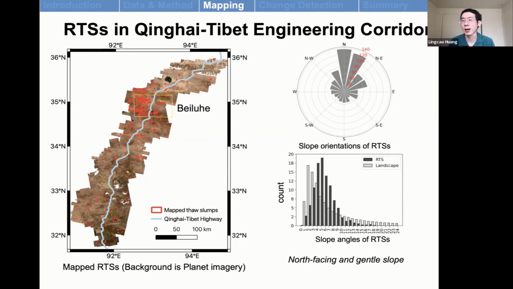This layer in Tibet usually may have more ground ice, and because it is closer to the surface, it is more vulnerable to high air temperature and precipitation. In this way, it has more possibility of thawing. So this is my explanation for why most of them are on north-facing slopes.